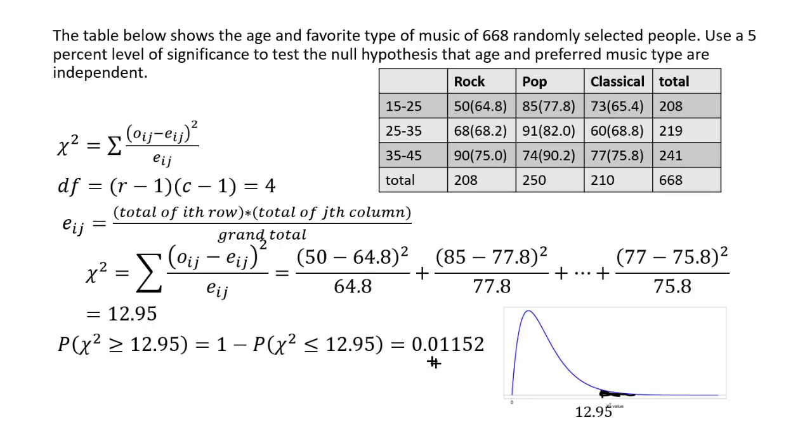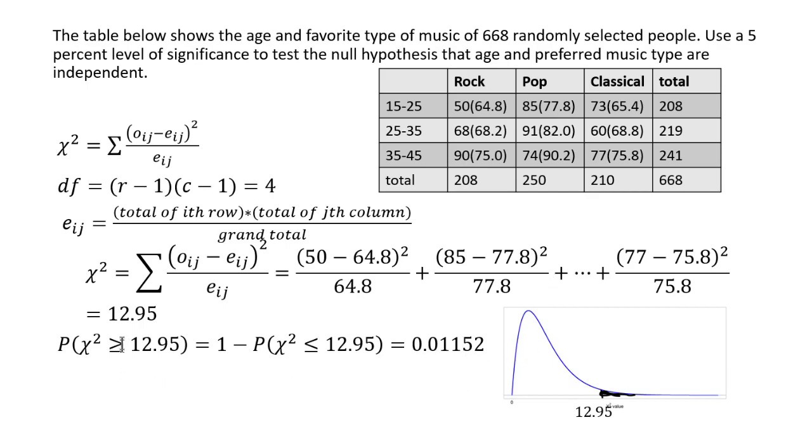Okay, so what does this p-value mean? It means that this score of 12.95 is rather big. In fact, the chance of getting such a number when this was in fact just independent, the ages and music type were independent, is so low that it's like 1.15%.